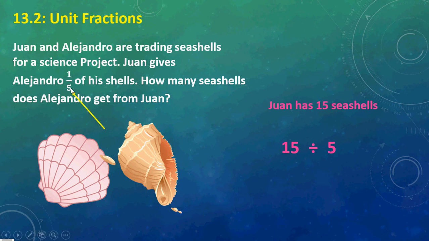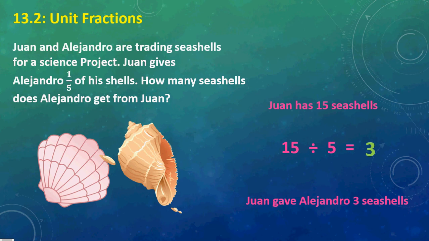I'm going to take this 5 and put it over there. Then I divide. 15 divided by 5 is 3. And that's it. So my final answer is Juan gave Alejandro 3 seashells. Okay? Perfect. Let's continue.